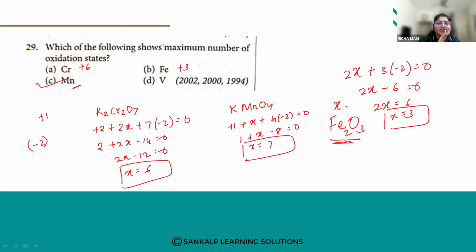It is Mn. Mn is in the 7th group, and it is showing the maximum number of oxidation states. Is it clear? Option number C. Yes, Sri Varuni and Lubna have answered it correctly. Very good. Let us go for the next one.